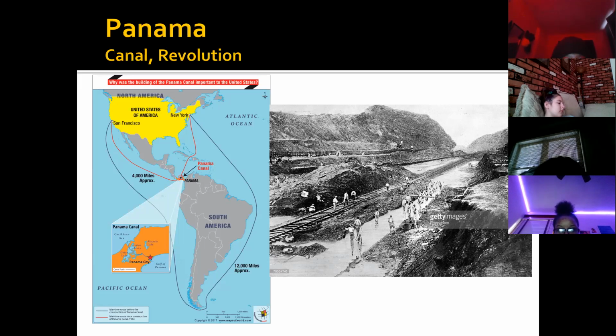Before, they had to do this really long trek, as you can see on the map. Before the Panama Canal, to go from San Francisco to New York, it was about 12,000 miles because you had to go all the way around South America. But Theodore Roosevelt had an idea.